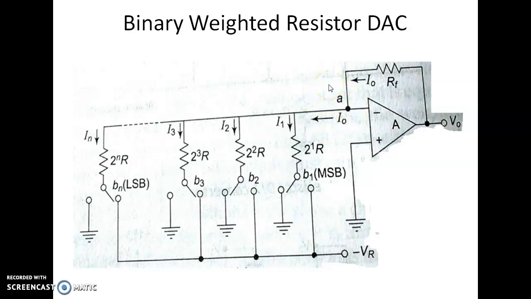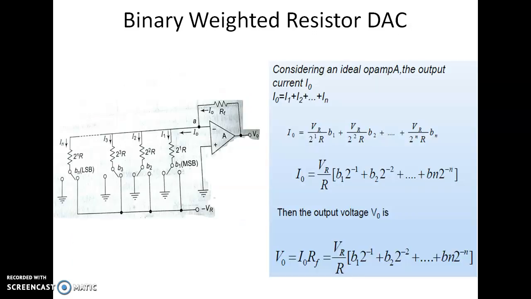Consider the op-amp shown here as an ideal op-amp, so that the current flowing into its input terminals is 0 due to infinite input resistance. The output current I0 can be expressed as the sum of the individual currents through the weighted resistors.